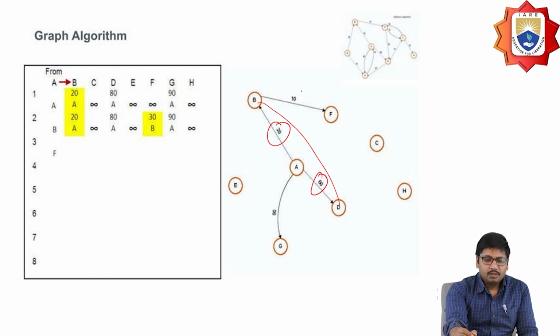B to F is 20 plus 10, that is 30, and B to G is 20 plus 90.